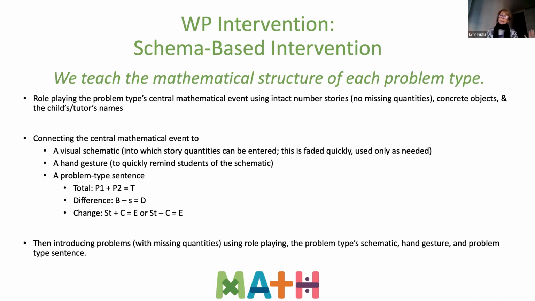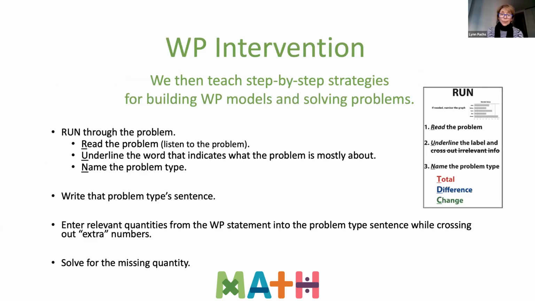And once we work on that with intact stories, we then move to problems which have missing quantities, but we use the same sequence of experiences: role playing, and then the different representations with the schematic, hand gesture, and the problem type sentence. Then we teach them step-by-step strategies for building word problem models and solving the problems. So you saw the RUN mnemonic we use, where they read the problem or they're listening to the problem while they're reading.